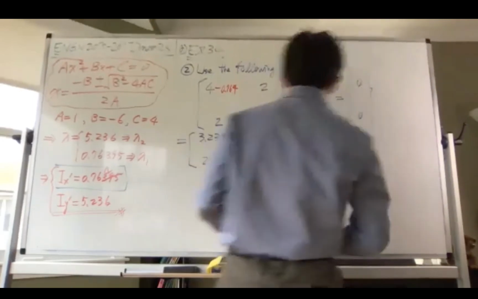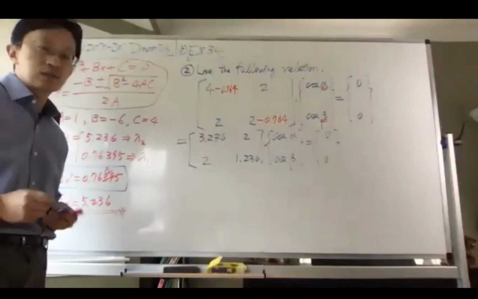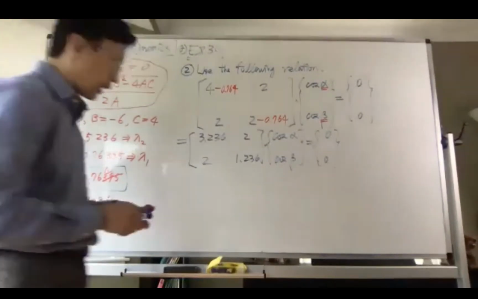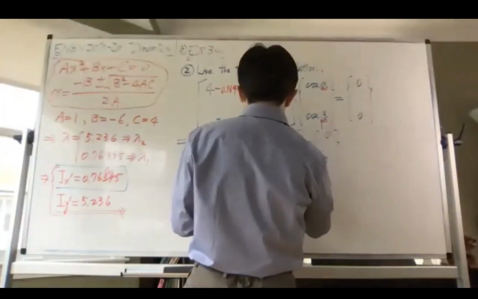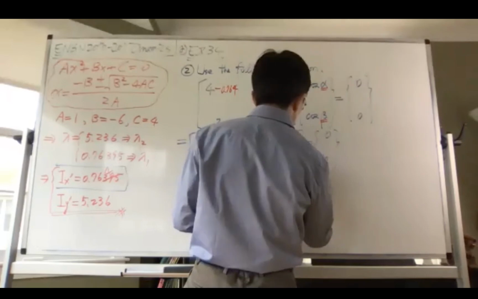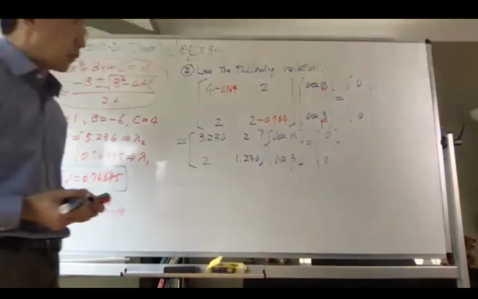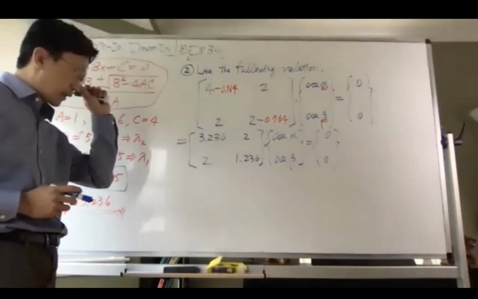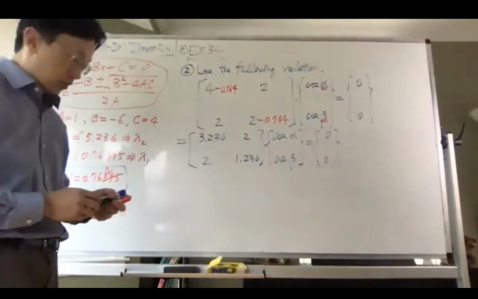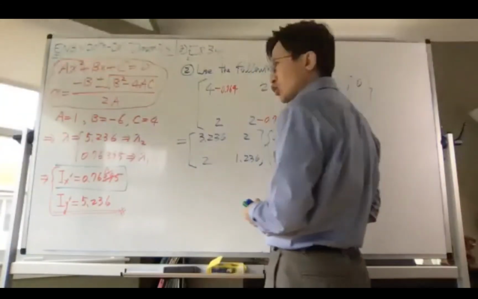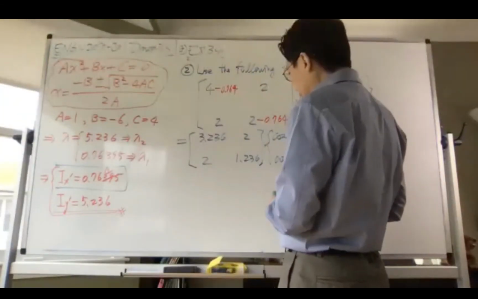Now, how do we carry out this kind of matrix operation? I know that this is a matrix operation. Some of you may have heard about this from calculus or linear algebra or from other places.